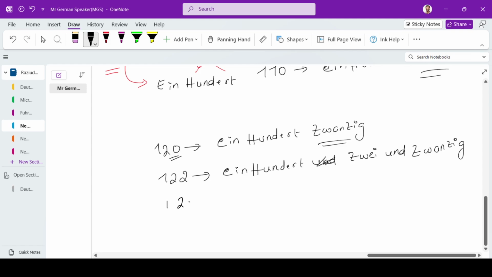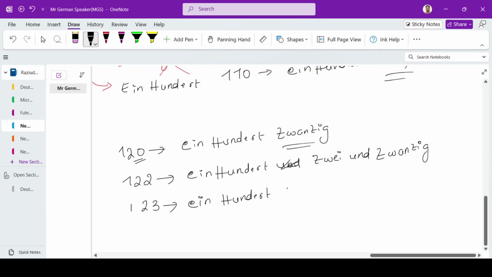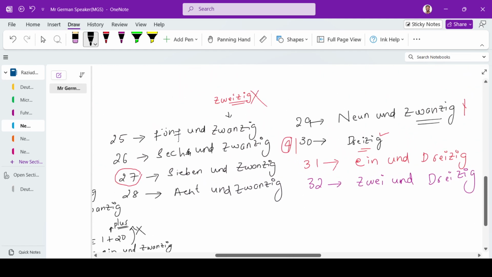So similarly, 123 will be einhundertdreiundzwanzig. So this remains the same, you see: 23, 22, 21. All of these remain the same as we have discussed here.